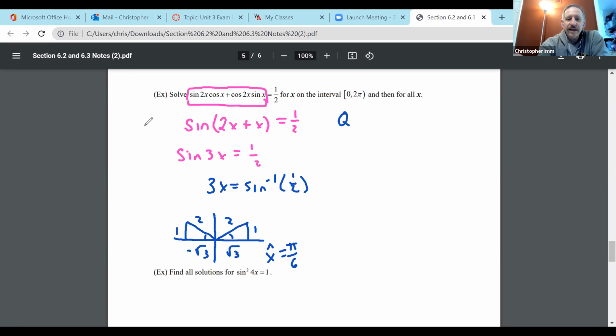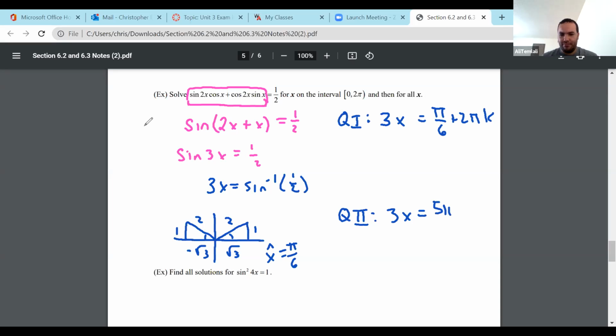So in quadrant 1, we have 3x is equal to pi/6 plus 2 pi k. And in quadrant 2, where sine is positive, we have 3x is equal to pi minus pi over 6, which is 5 pi over 6, plus 2 pi k.